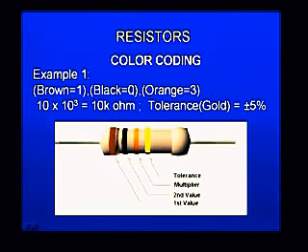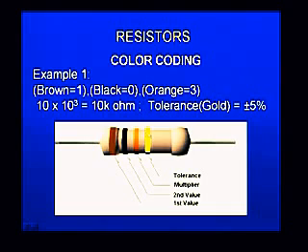Black has value 0, orange has value 3, and therefore, this is 1, 0 into 10 power 3. The third band is corresponding to the number of zeros that we should add, or 10 power 3. In this case, 10 into 10 power 3, which is equivalent to 10 k ohm, 10 kilo ohm, 10,000 ohm.